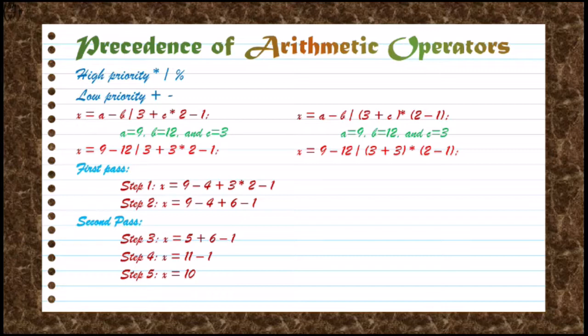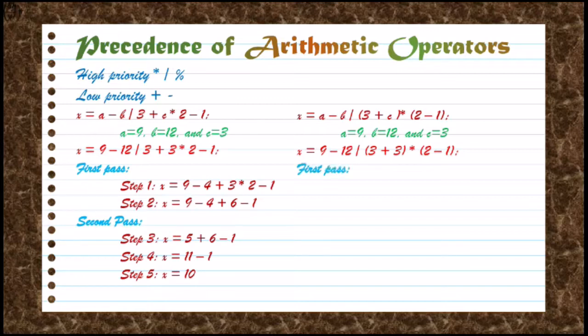In the given equation, from left to right, first we will solve the brackets, then after solving the brackets we will calculate the multiplication and division, and after that in pass 3 we will calculate the addition and subtraction. So first solve the brackets. In the first bracket, from left to right, 3 plus 3 is 6.